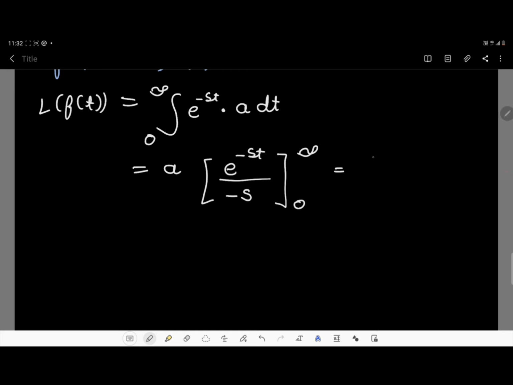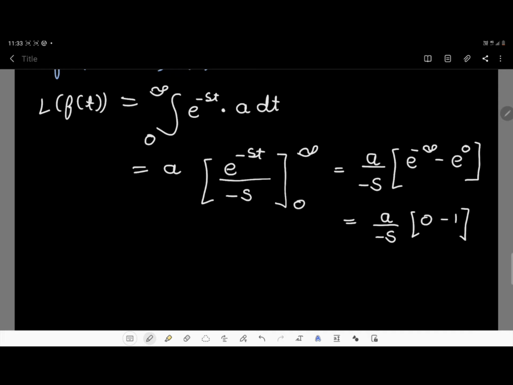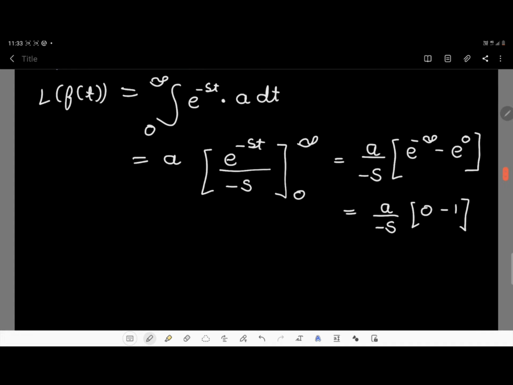So this will become a upon minus s into e raised to power minus infinity minus e raised to power 0. So this will become a upon minus s into 0 minus 1, because e raised to power minus infinity would be 0 and e raised to power 0 is 1. So this will become a by s.